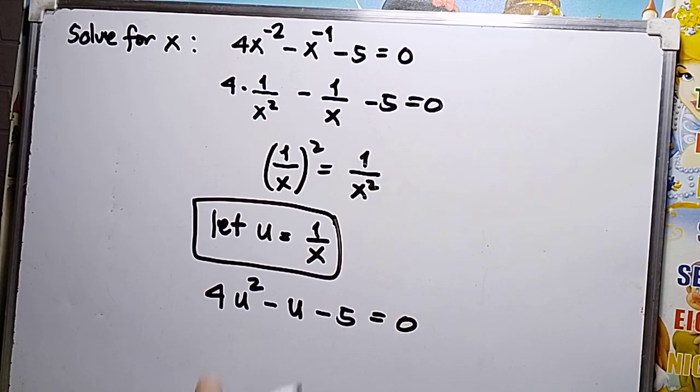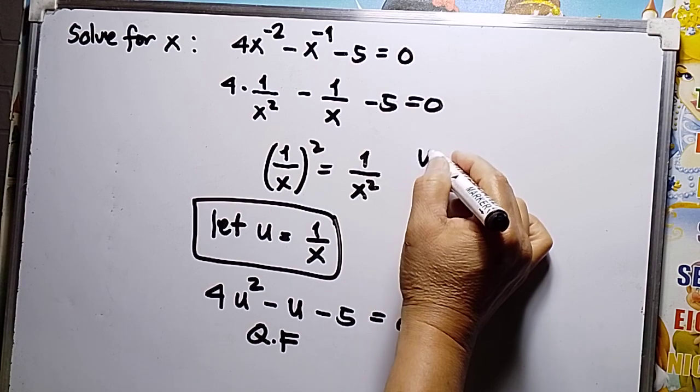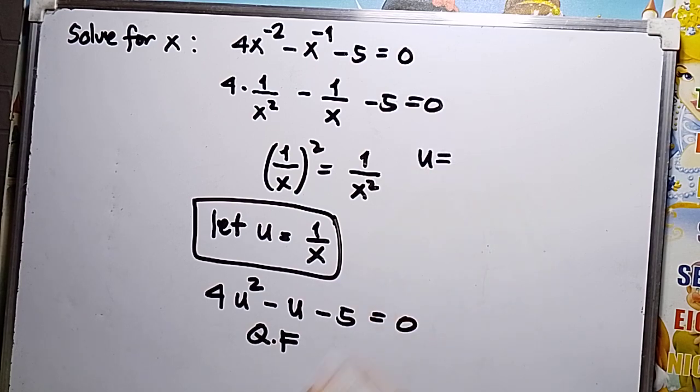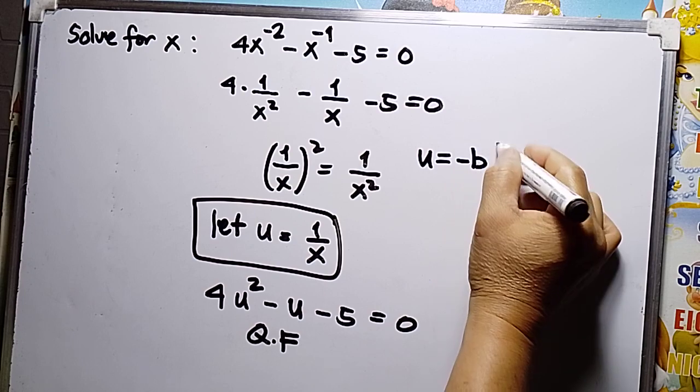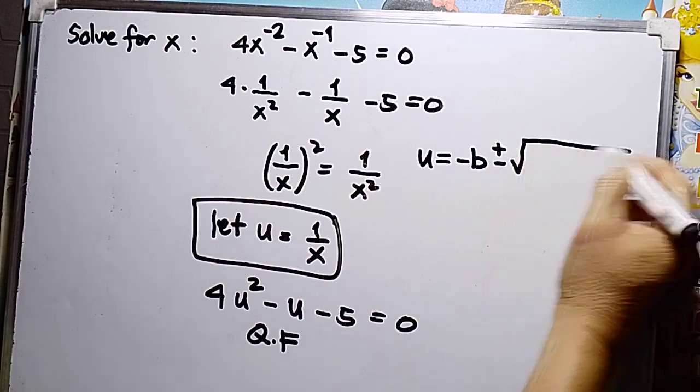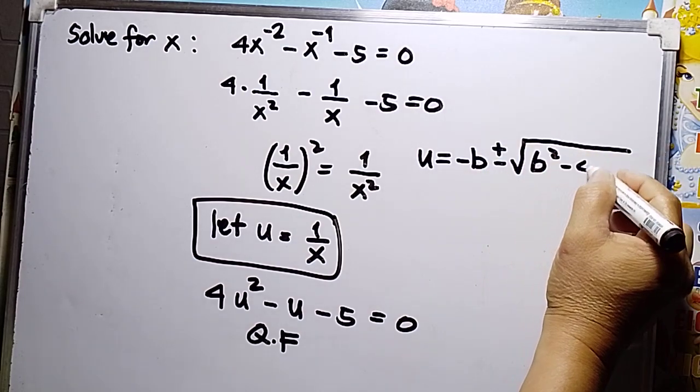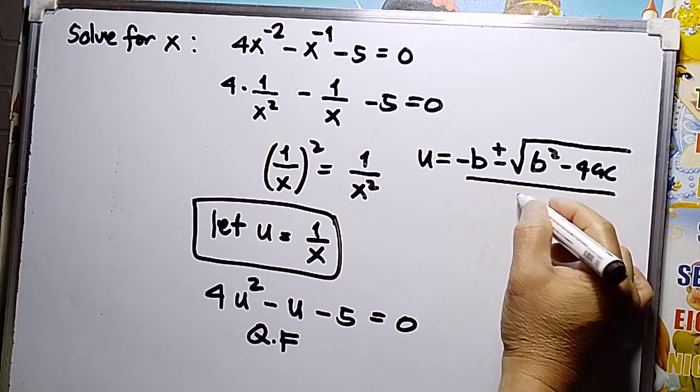As we know, if there is a power of 2, this is a quadratic equation. I need to solve this using my last option, which is the QF, or quadratic formula. The quadratic formula is u equals negative b plus or minus the square root of b squared minus 4ac, all over 2a.